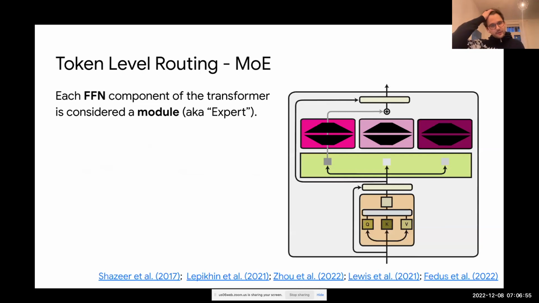Now, let's look at this specific example of top one routing more specifically. This has been proposed especially for the Switch Transformer, where, from the module perspective, the feed-forward layer of a vanilla transformer is considered as the module, also known as the expert.